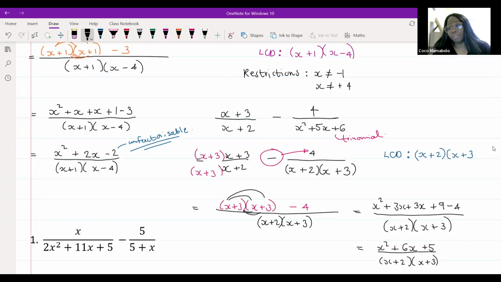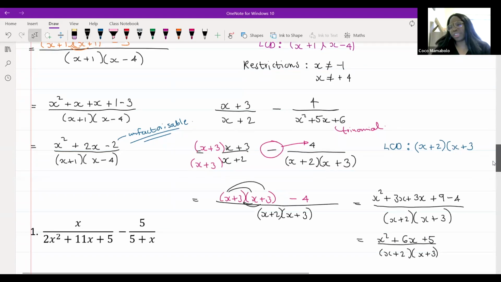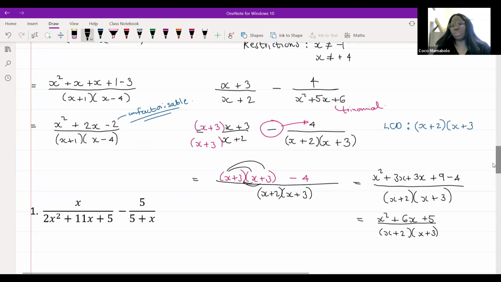We can, but it's not really going to change anything. I mean, we can do it. It's a trinomial, so I'm going to get 2 brackets, and they're going to give me x plus 5 and x plus 1 over x plus 2 and x plus 3. But now, there's nothing I can do beyond this point.